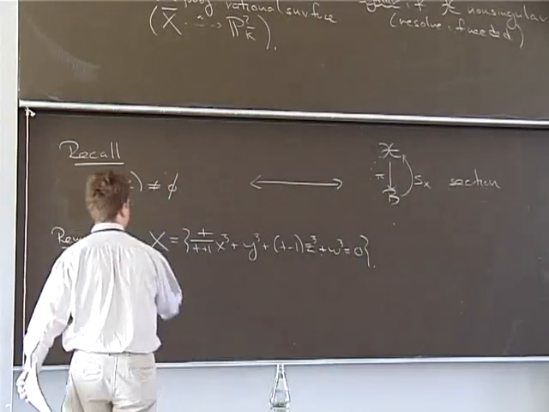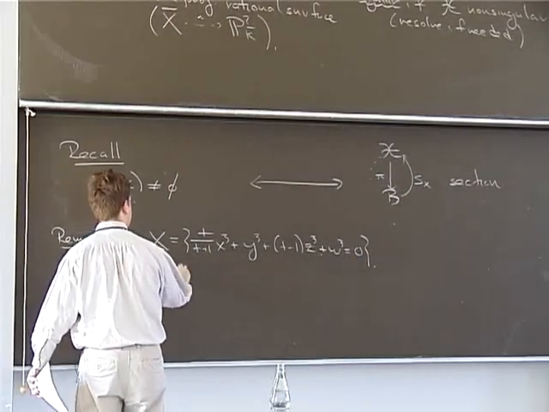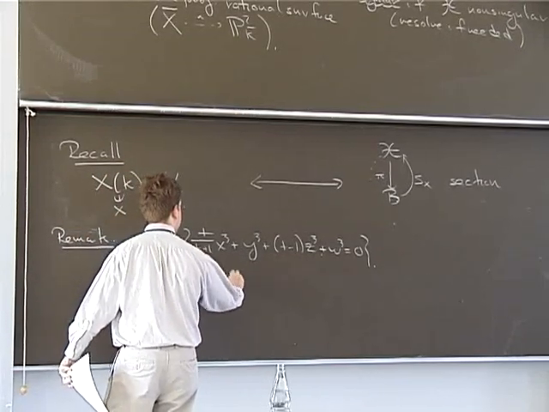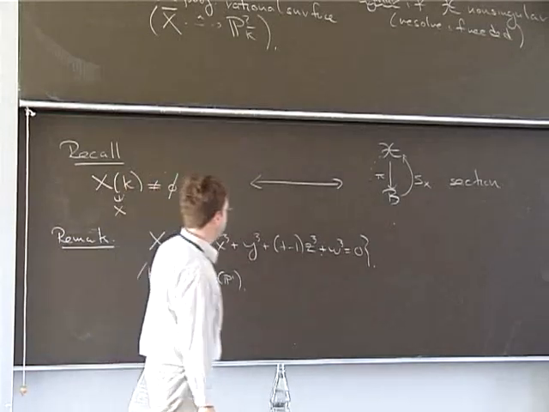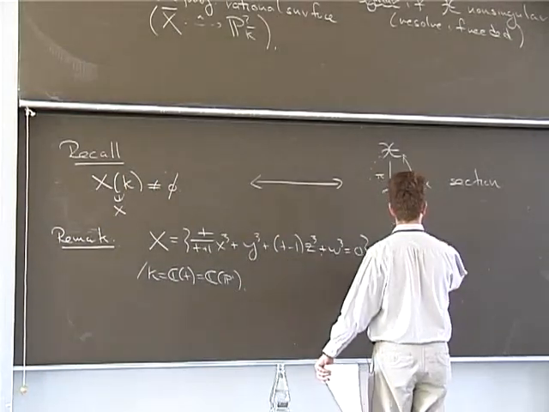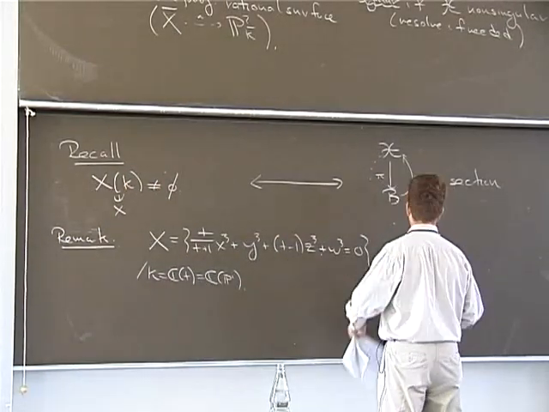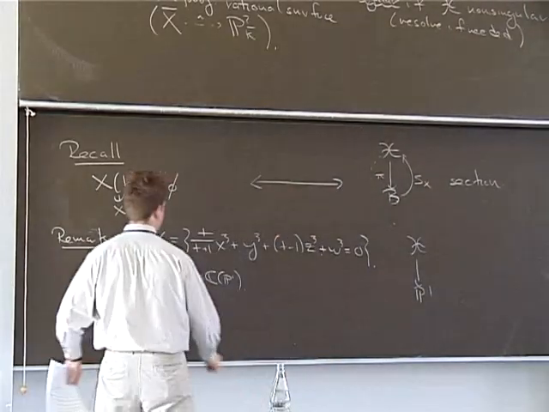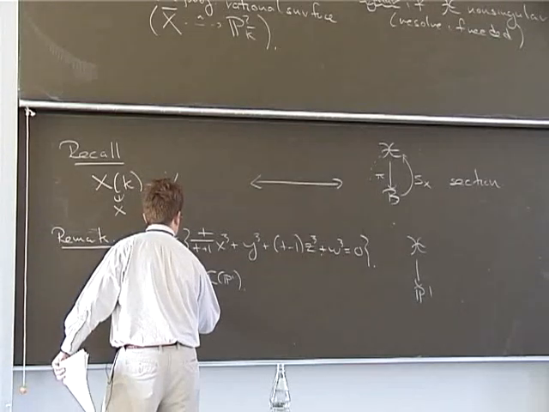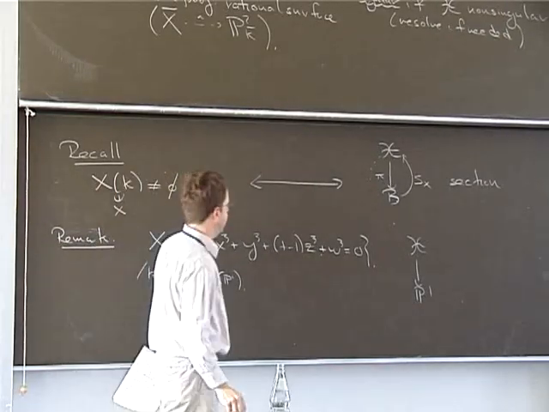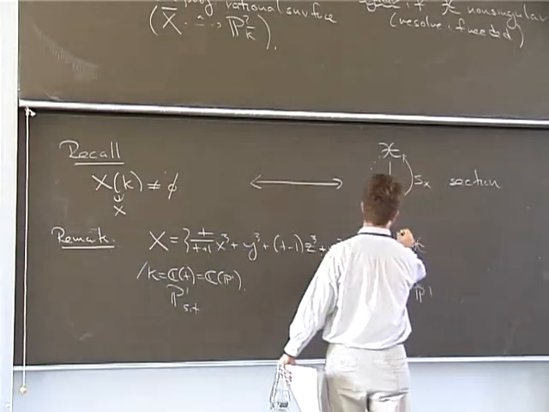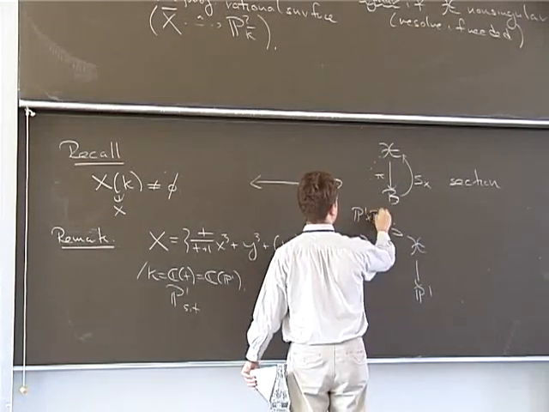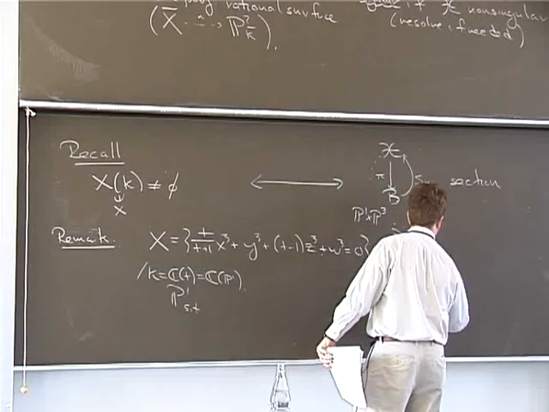I'm thinking of this as being defined over K equals C(t), which is a function field of P^1. So when I take the model, a possible model will look like this. I just clear denominators and use homogeneous coordinates S and T. So this is going to live inside of the product of P^1 cross P^3.